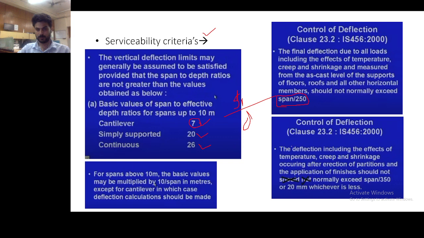And one more clause: the deflection including the effect of temperature, creep and shrinkage occurring after the erection of partitions and the application of finishes should not normally exceed span by 350 or 20 mm, whichever is less. This is at the later stage, and the earlier one is at the initial stage.